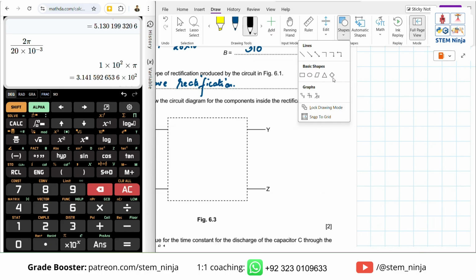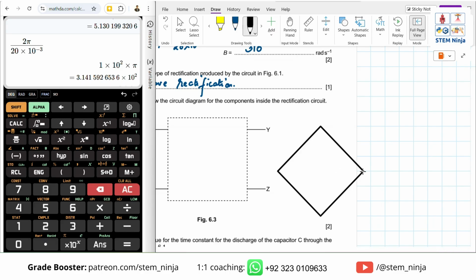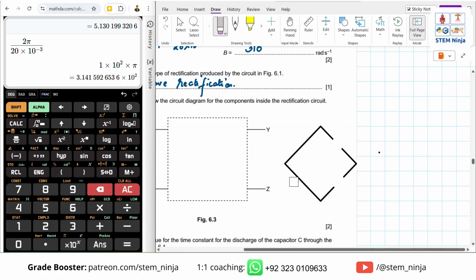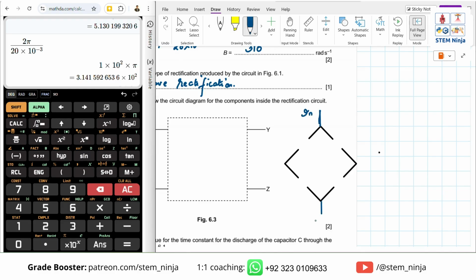For example, if you prefer the diamond shape diagram, if this is input and this is input, the diodes have to be arranged to provide a specific path for them.